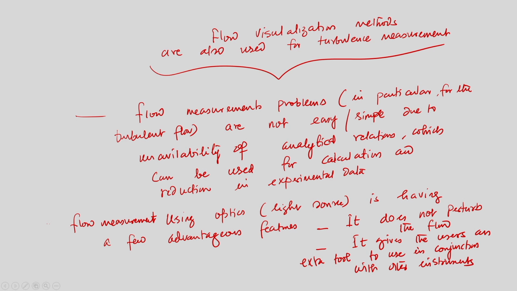So, although the experimentally measured data using an optics light source cannot be compared with analytically calculated results, because for the 3-dimensional solution and turbulent flow environment the flow field is highly chaotic, even then optics, that means the use of light to visualize the flow field and measure the flow parameters, has a few advantageous features: it does not disturb the flow field.